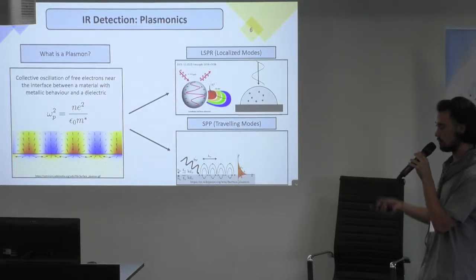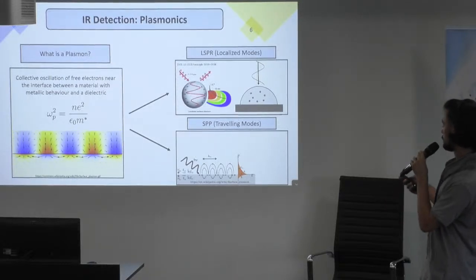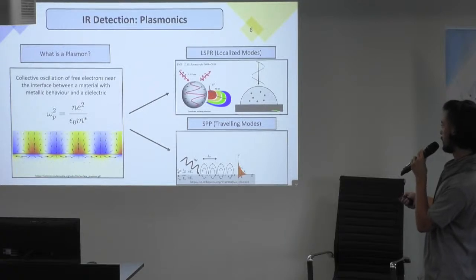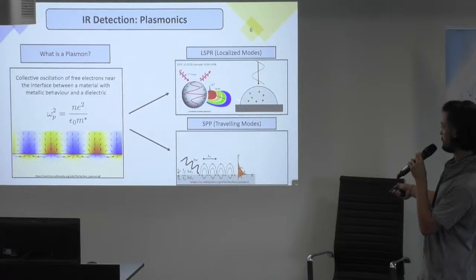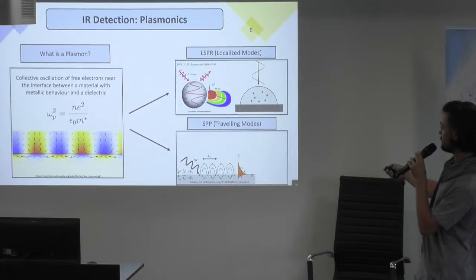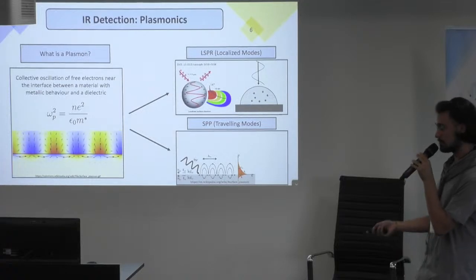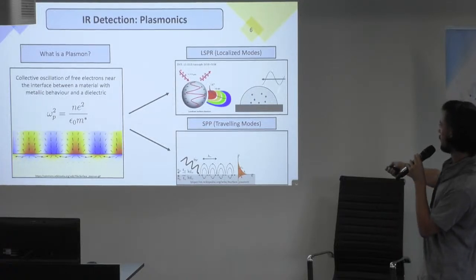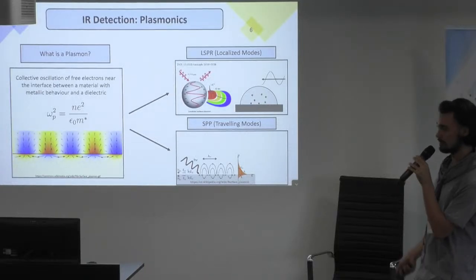It doesn't depend on which direction it oscillates, because they always see the same thing. But what happens if we have a hemisphere, so a cut sphere? We have two different ways of oscillating the electrons. If the light is polarized this way, the electrons will oscillate parallel to the substrate. And if the light is polarized transverse to the substrate, they will oscillate like this.